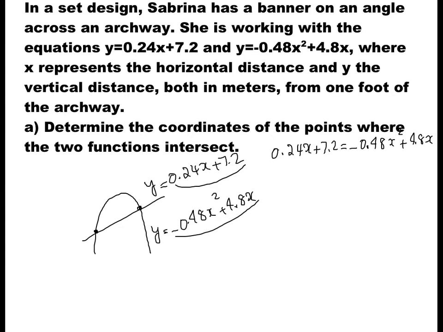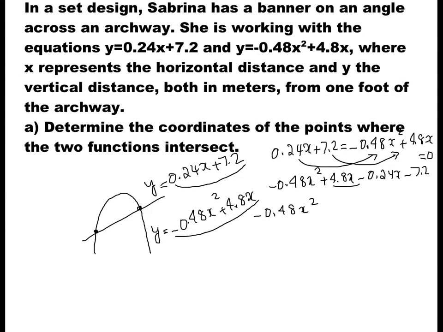Now I'm going to bring everything to the right, and after simplification I'm going to get negative 0.48x squared plus 4.8x minus 0.24x minus 7.2 is equal to 0. So I get negative 0.48x squared.